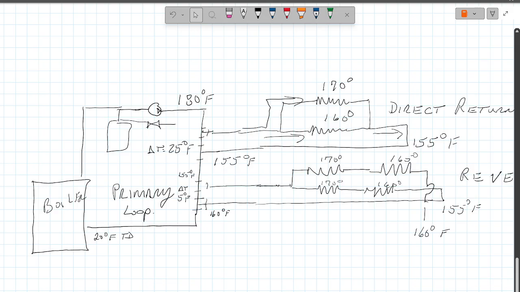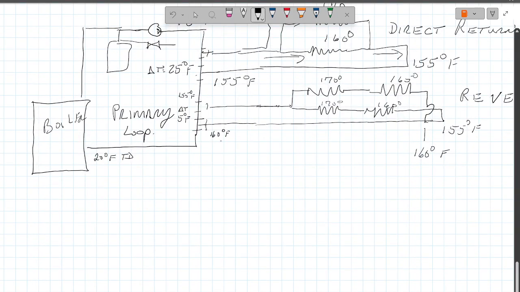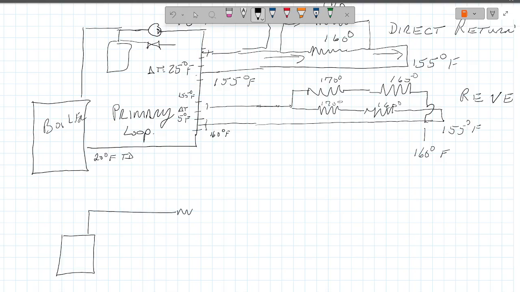Okay. The other thing that goes with close coupled T's, and we haven't really talked about pressure loss, but as you do this, we have less pressure loss between here and here than if we did a primary loop that was part of the heating system. So if we did boiler out and we started hitting fin tube, and it doesn't really matter whether it's coming back in to a single direct return or if it's going to come back as a reverse return, when we start playing around with this, we got the pressure loss of the whole system.